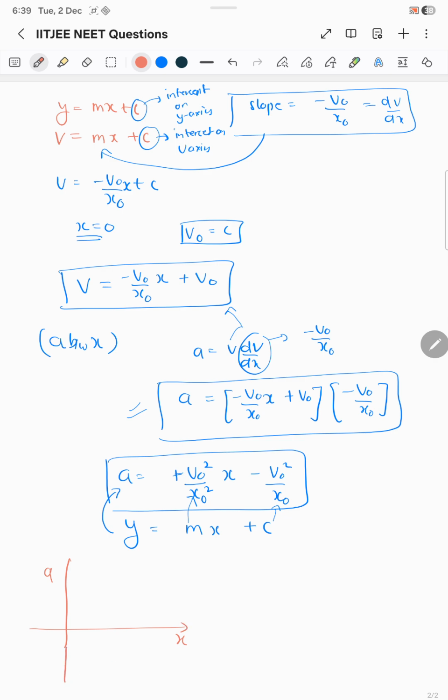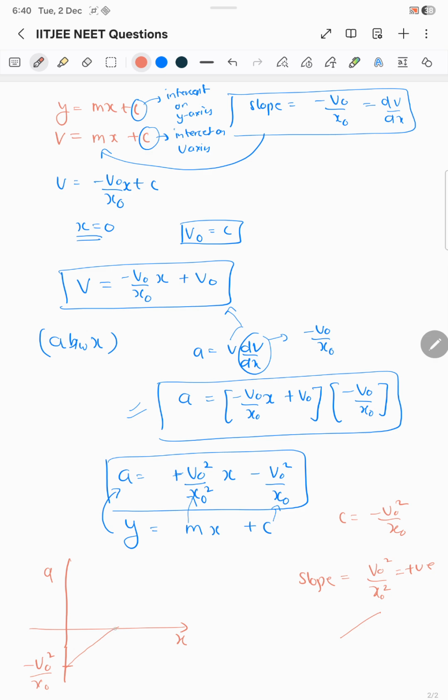Okay, so the slope, from this equation what can you get? The slope is v naught square by x naught square, which is positive. So I'll draw a positive slope line. This is the equation of a straight line, with a positive slope and intercept minus v naught square by x naught. So it will be somewhere here. I'll put minus v naught square by x naught, and since it is a positive slope, it will be like this.